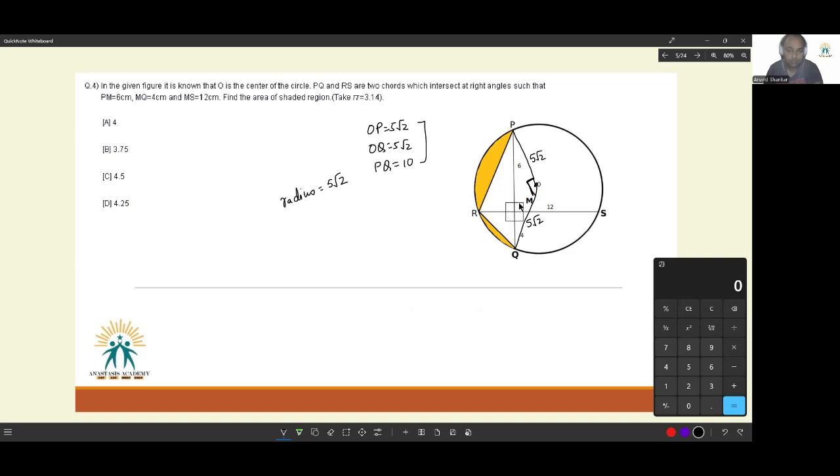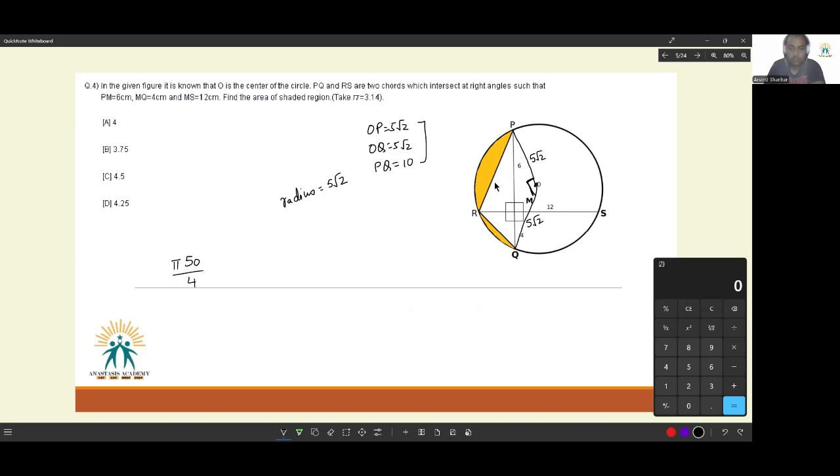And that is wonderful. Now, because the central angle here is 90 degrees, I can get the area of this sector of the circle, which will be pi r square by 4, which is 50 pi by 4.